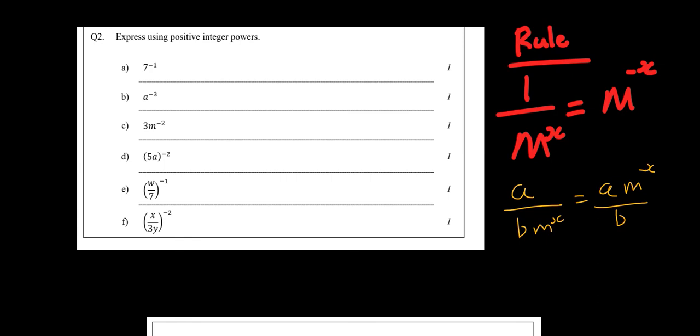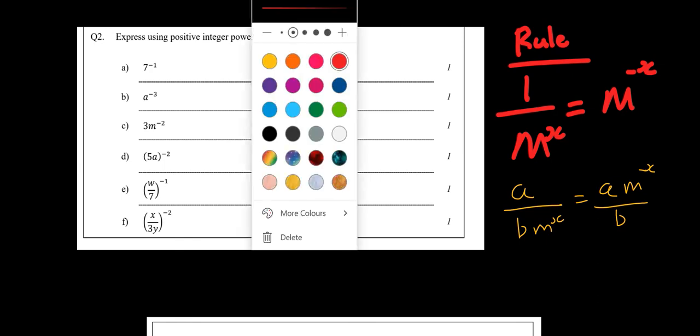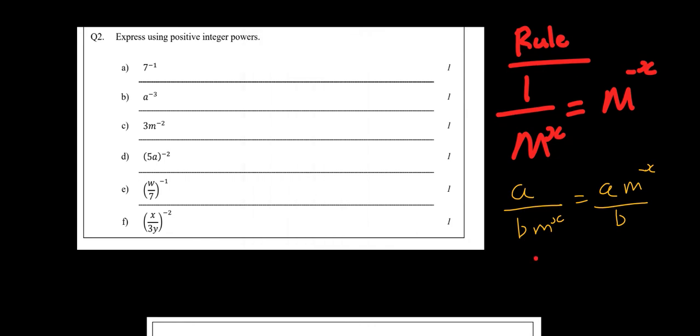And another complication could be something like a over b m to the x, all to the negative f.